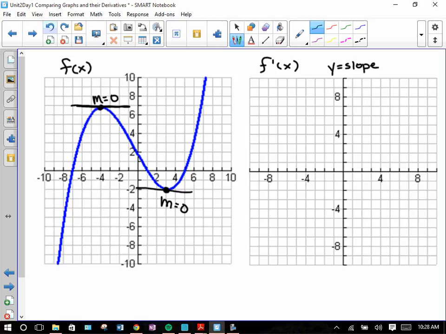What's our y value there? 0. And the point at negative 4 is 0. What is the slope at x equals 3? 0. So at x equals 3, the derivative of the graph has a y value of 0.